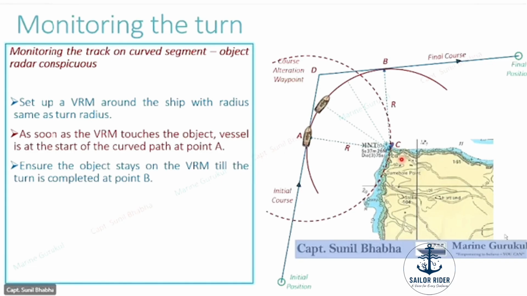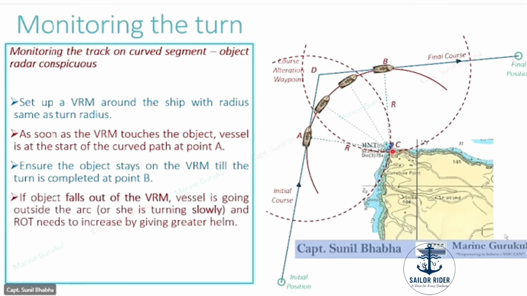We should ensure that this center of the turn or the object remains exactly on top of the VRM. Again, when the vessel reaches here, we ensure that the object is on the VRM, and when the vessel reaches point Bravo, again we ensure that the object stays exactly on top of the VRM.